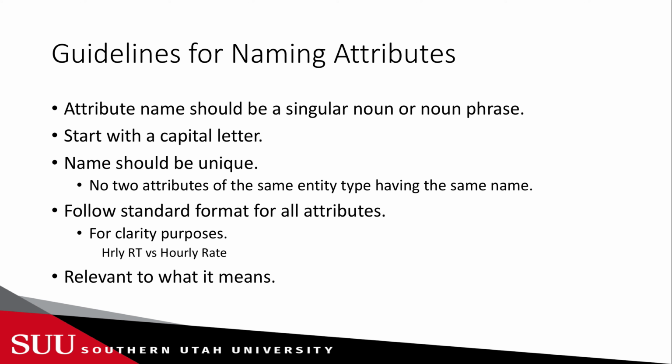And finally, we need it to be relevant to what it means. So I cannot say H for hourly rate because it's not going to be relevant to what it means. I want it to be named in a way that when I just read the name, I can know what attribute is going to be stored in there.